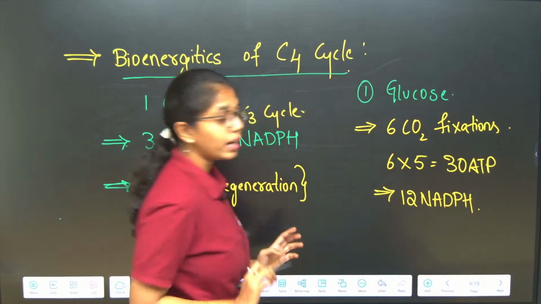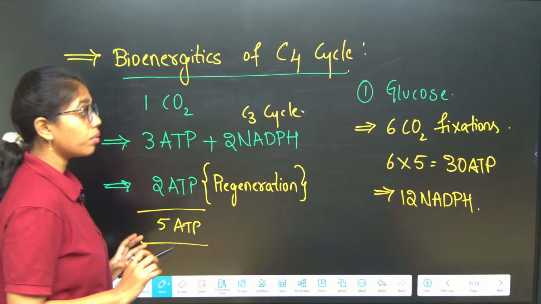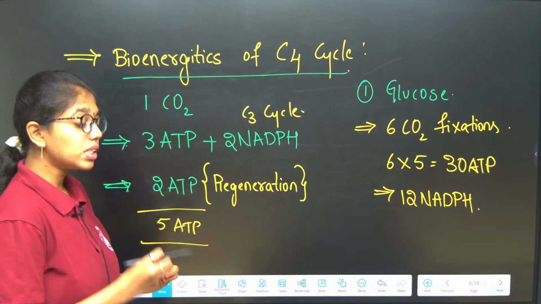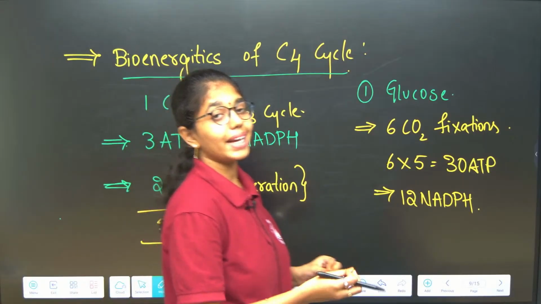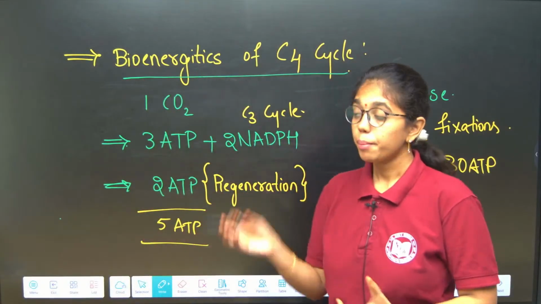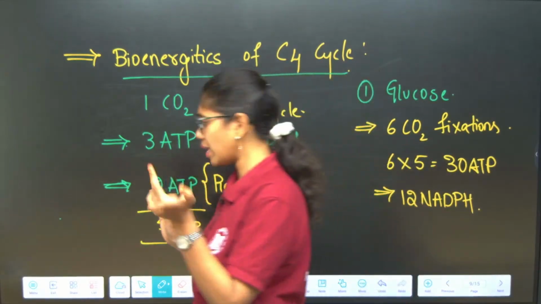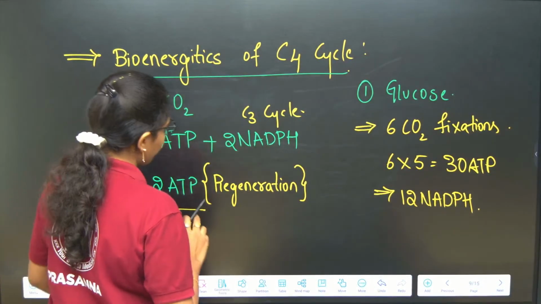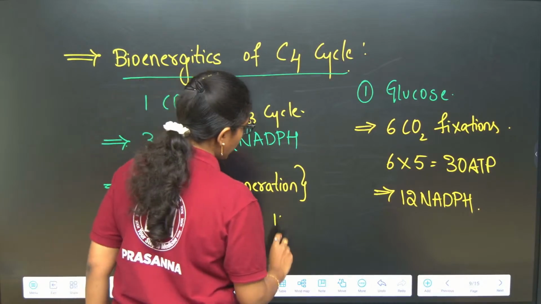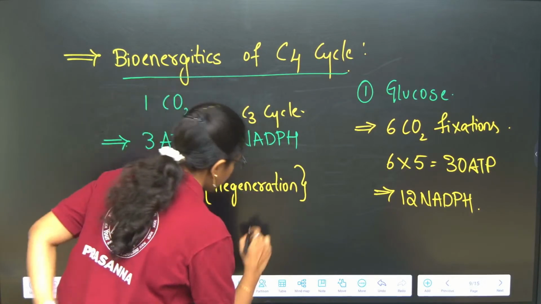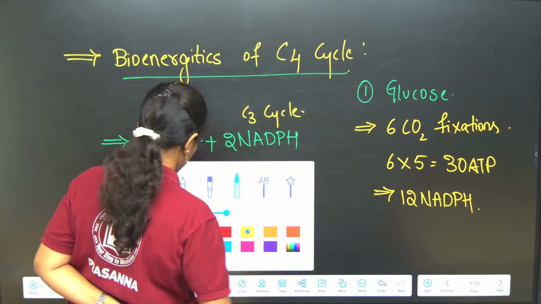Now, here comes the question: how much amount of extra ATP is consumed by the C4 cycle compared to the C3 cycle? This is one of the application questions. Let us look into the extra ATP concept.